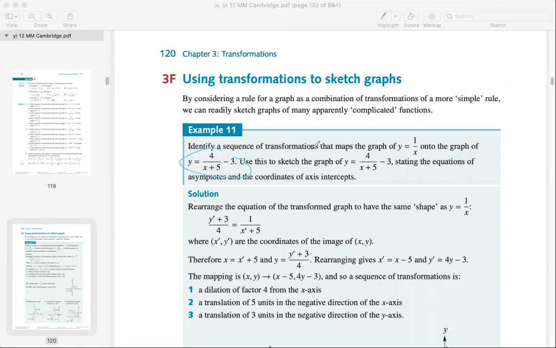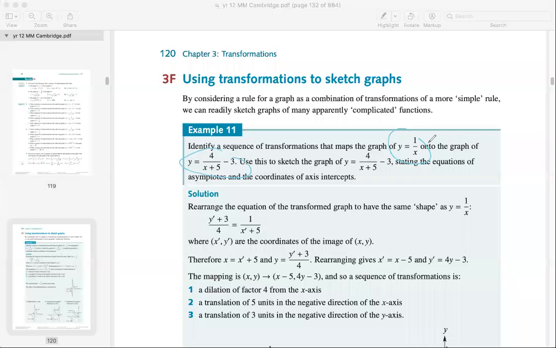If you don't know the graph of 1 over x is a rectangular hyperbola, there's no way you can draw this graph. But you can always substitute some points to help you become familiar with what this graph is going to look like.